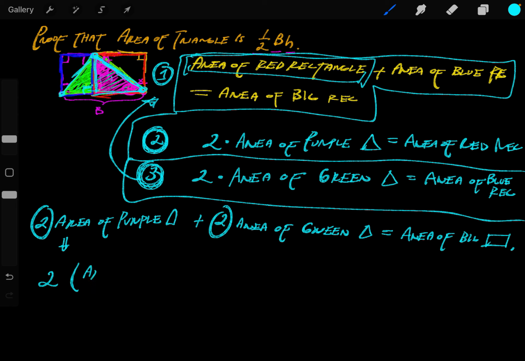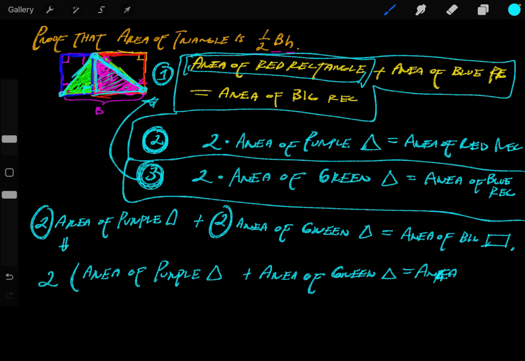So I get 2 times area of purple plus area of green is equal to the area of big rectangle.